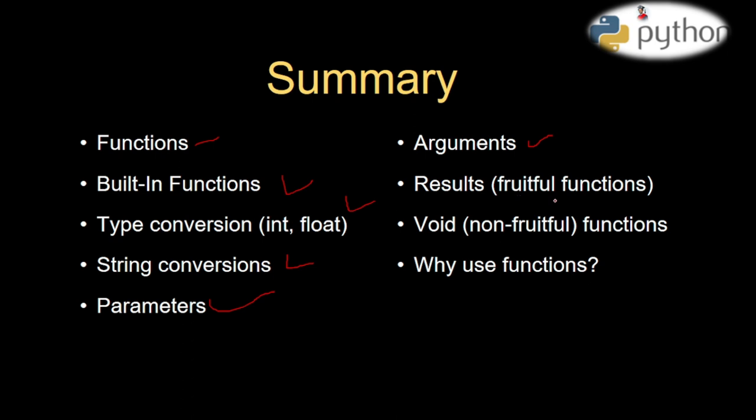Results: we call them fruitful functions. When a function returns some value, we call it a fruitful function. The opposite is called a void function or non-fruitful function. So why do we use functions?